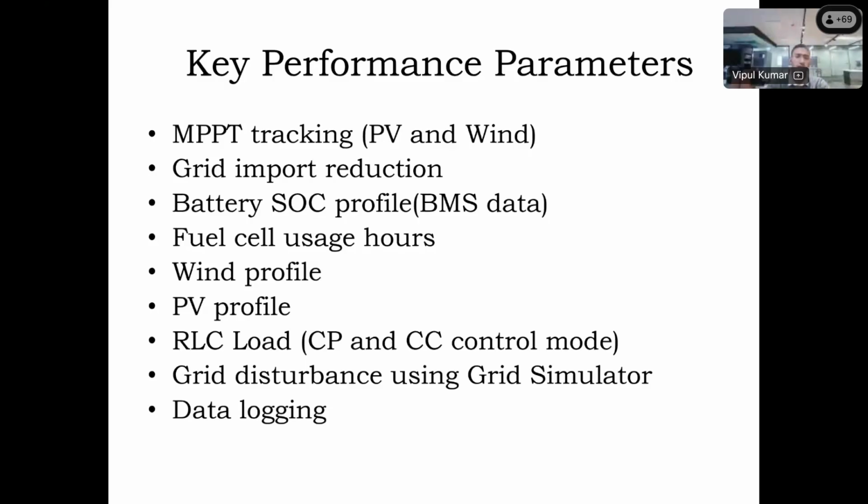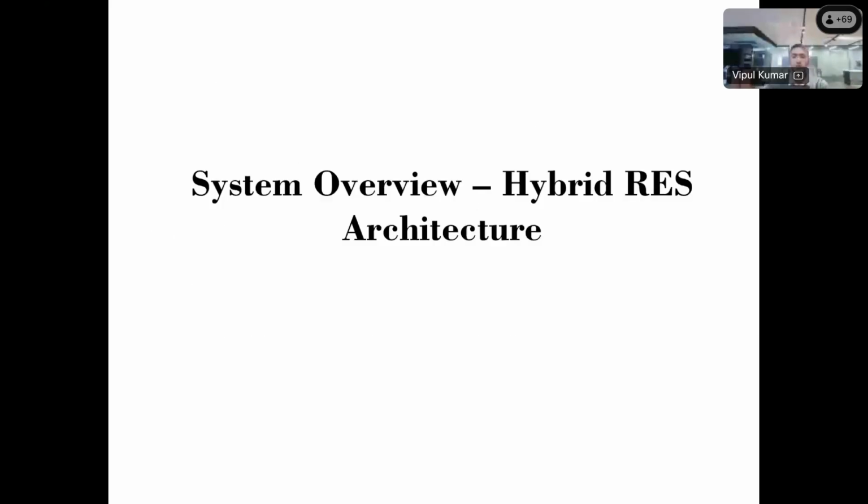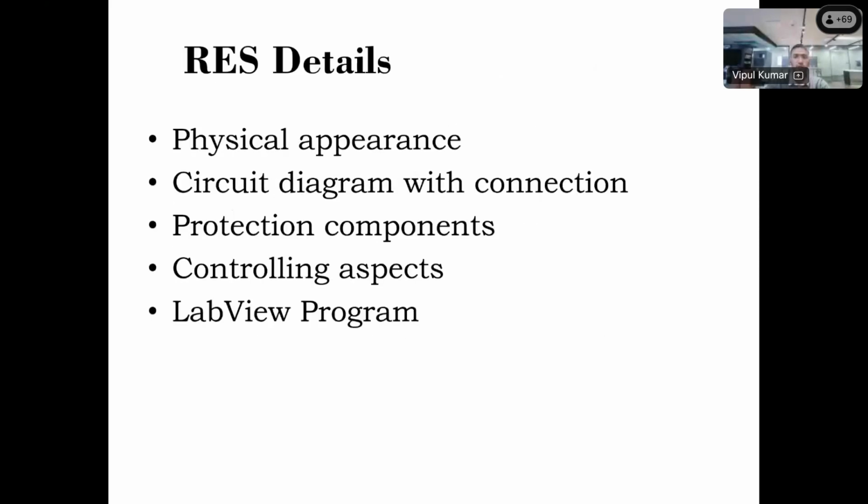Manual, simulated and table mode, we can give the data according to our requirement. And the RLC load, we can control in constant power control and constant current control, in both modes. And we can create grid disturbance using the grid simulator.